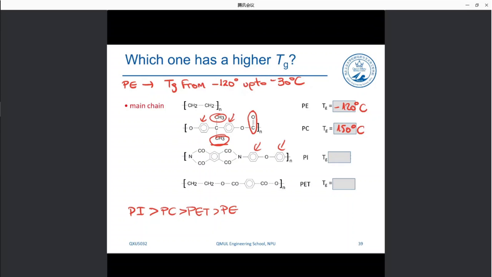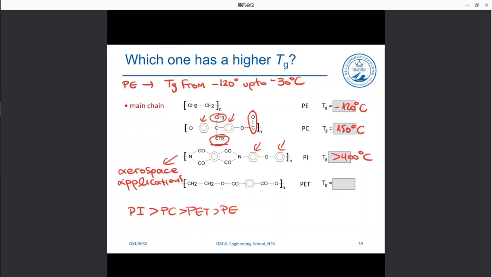So the TG can be higher than 400 Celsius degrees. And that is why we use it for aerospace applications. It is expensive as well, of course, compared to several other polymers.